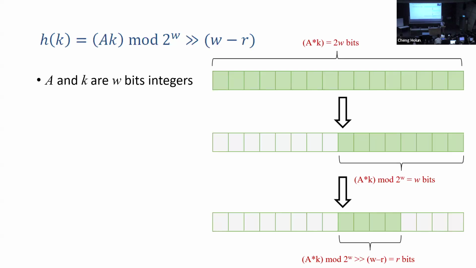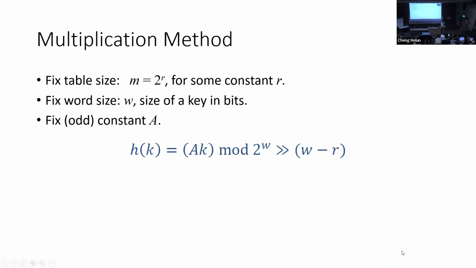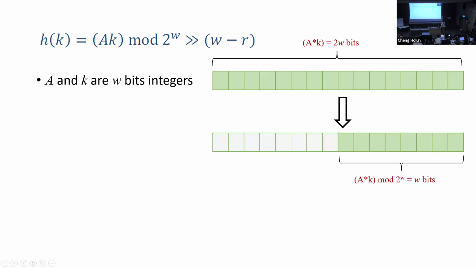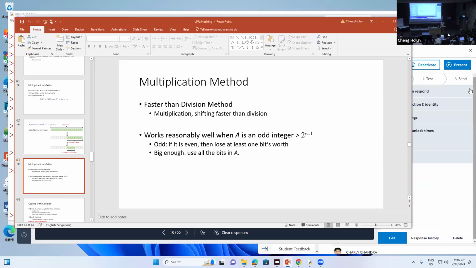In the midst of it, I just try to change a number from k that is w bits to a number that is r bits. And this truncation somehow will give you a good way to mess around with your number and become a hash function. Okay, so that is about it.